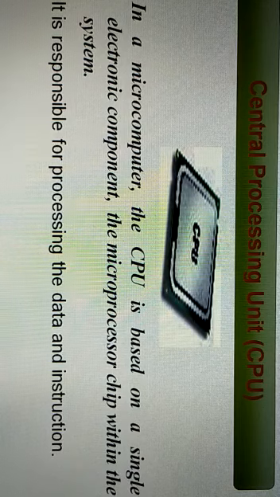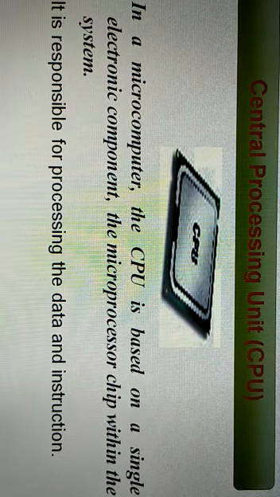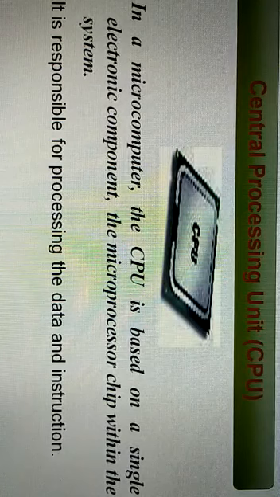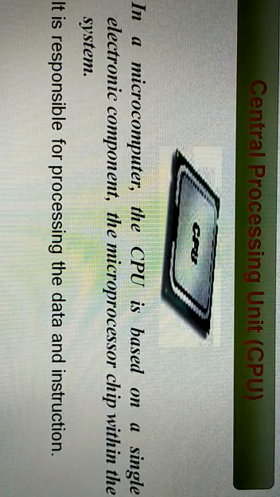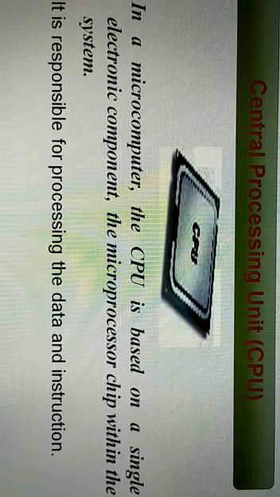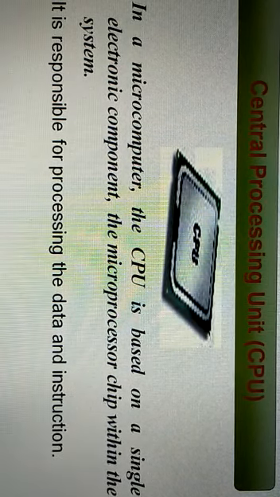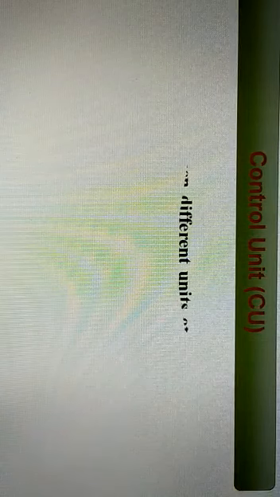As you know, the Central Processing Unit has two parts, the control unit and the arithmetic and logic unit. And in a microcomputer, both are on the microprocessor chip. So first of all, we discuss the control unit.